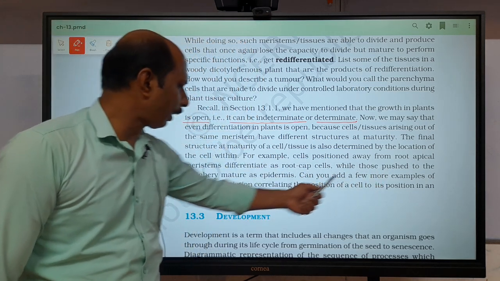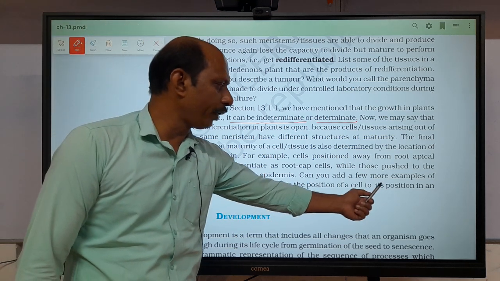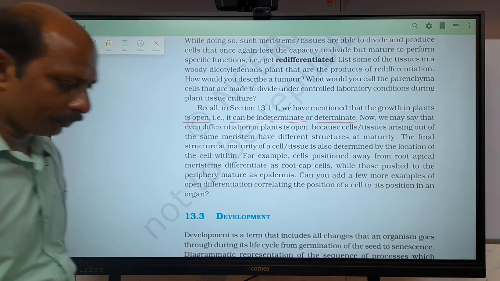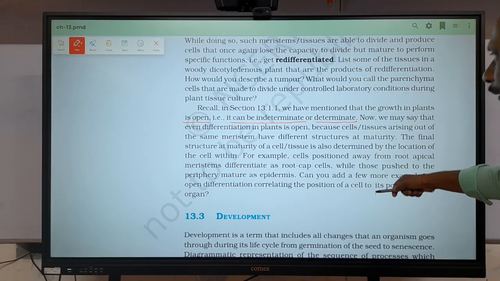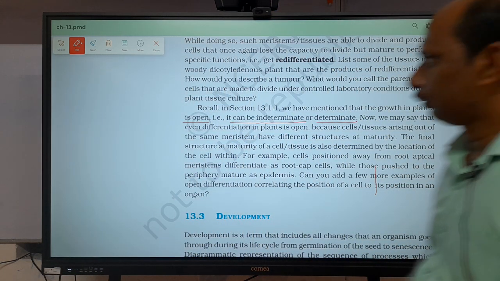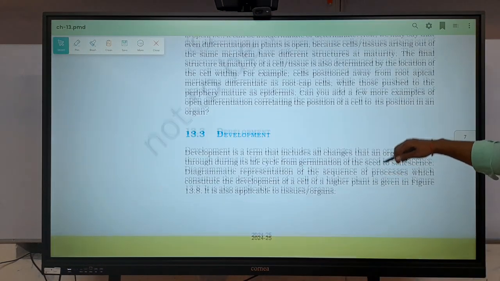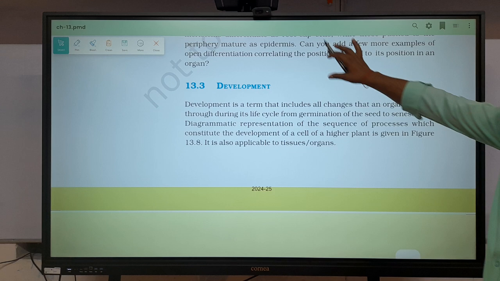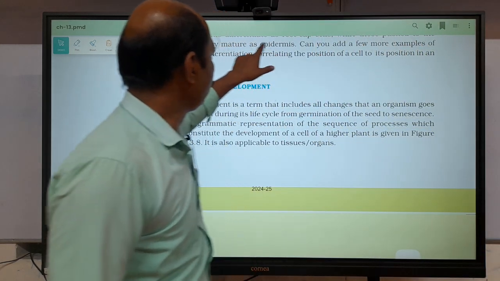Can you add a few more examples of open differentiation correlating the position of a cell to its position in an organ? Yes, we can, right? One example is like tunica corpus.